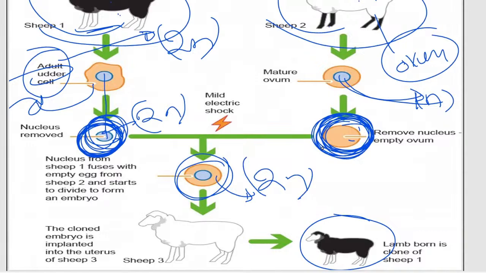It's not a zygote, but the body will recognize it as a zygote. Why? Because the outside shell is from the ovum, and the inside is diploid. Therefore, it can carry out mitosis to form a ball of cells.